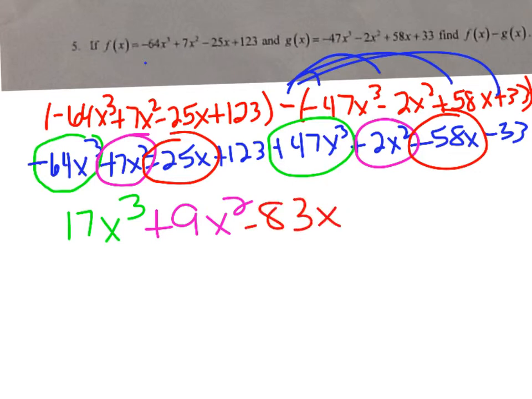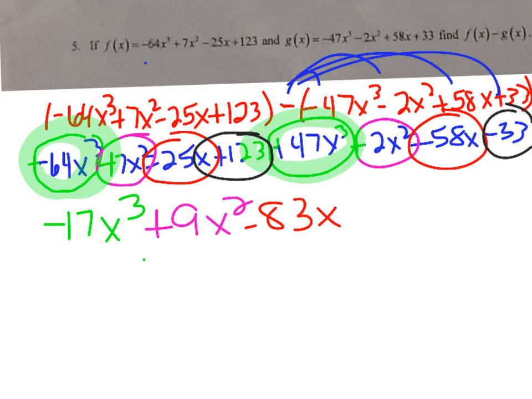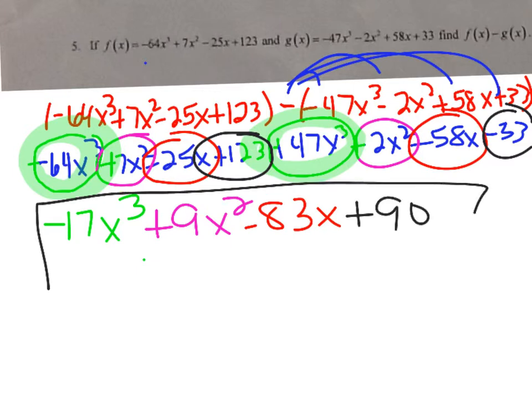And the last one here would be positive 123, and negative 33 is positive 90. So this would be my final answer here.